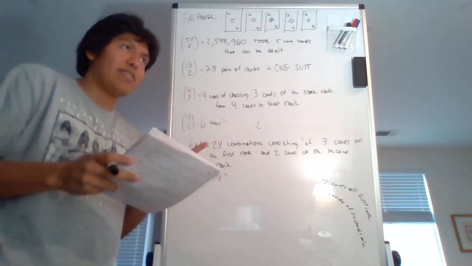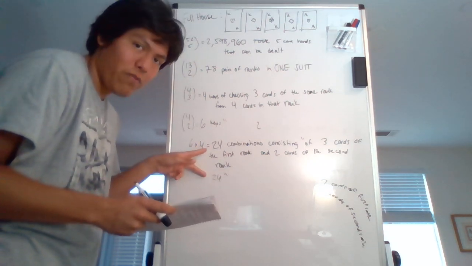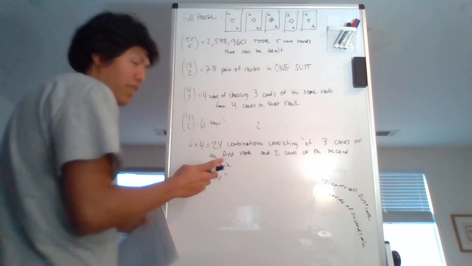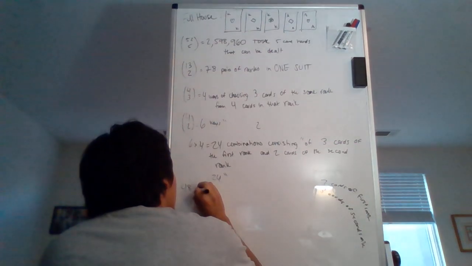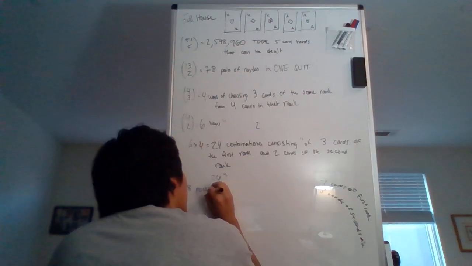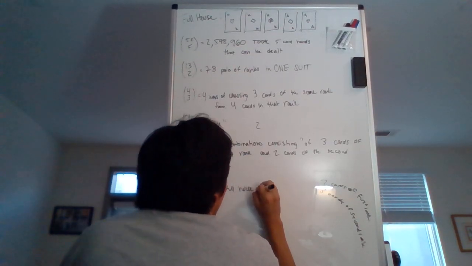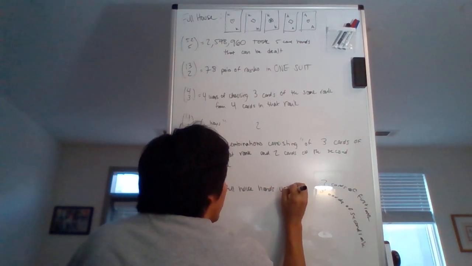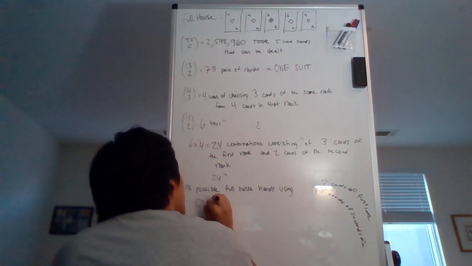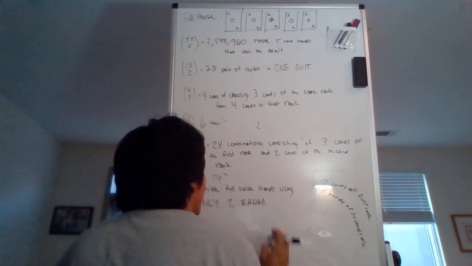What this means is if we add these two 24s together, then there are 48 possible full house hands using only 2 ranks, right?